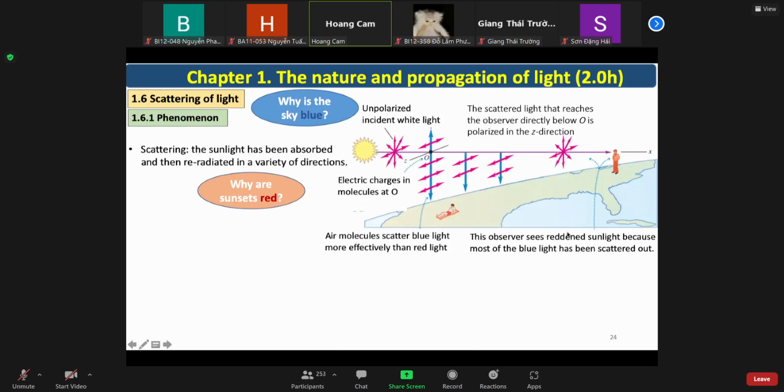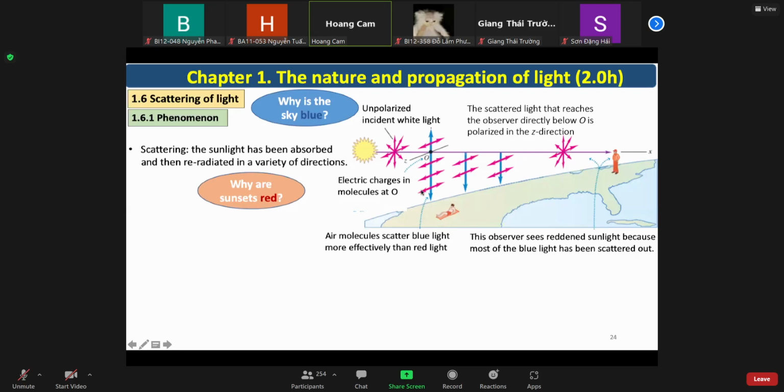Here in these figures, we show the situation of a person who looks at the sky. Here's a guy enjoying the sun rays, and here's another guy looking at the sun at a different moment in the day.